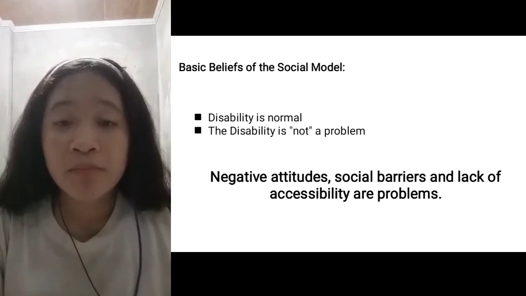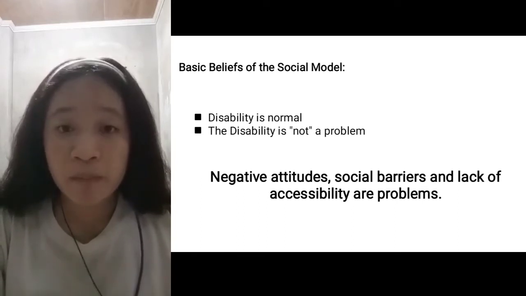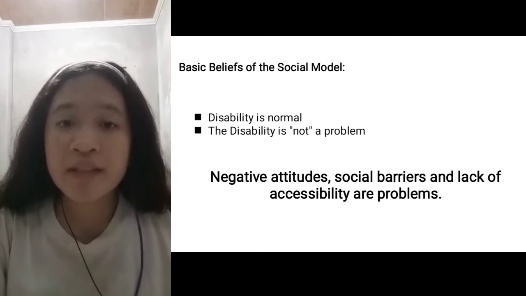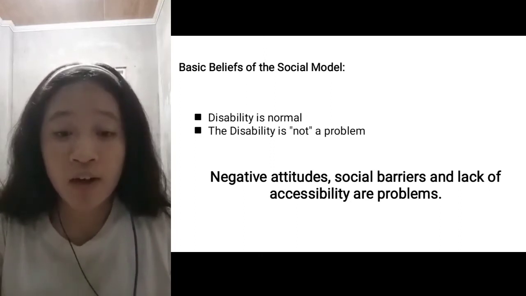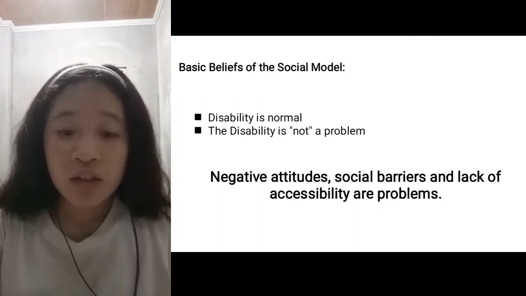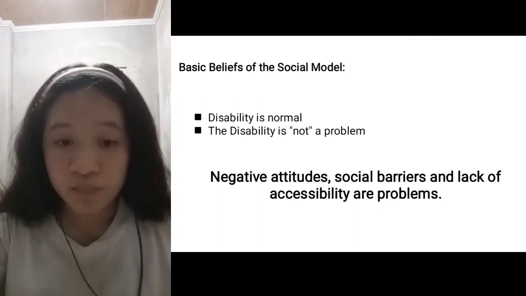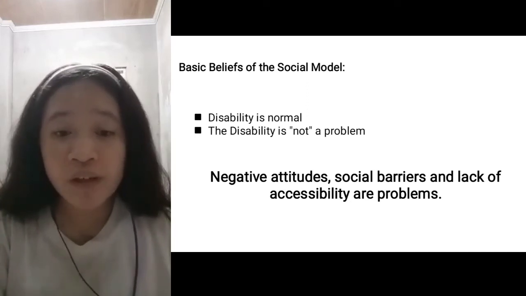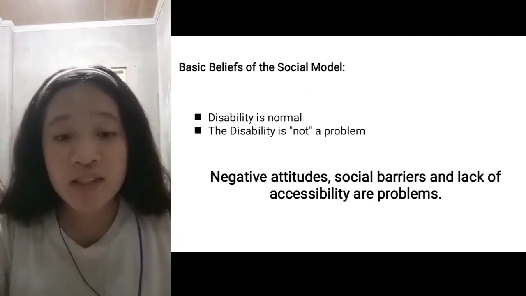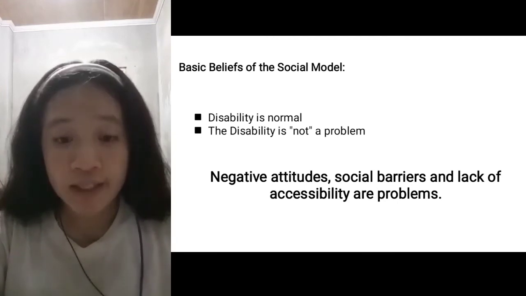Also, disability is not the problem; society itself is the issue. Individuals are oppressed because of the things that they cannot do. Those negative attitudes, social barriers, and lack of accessibility are the problems of society.